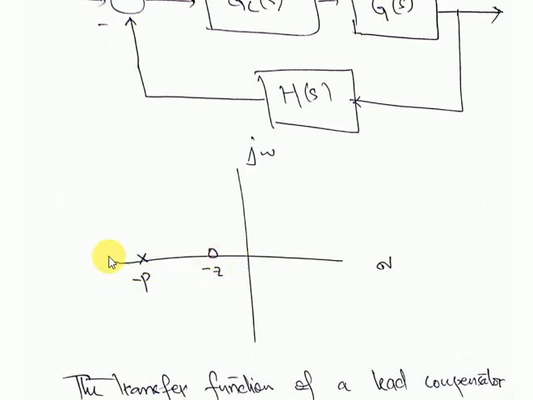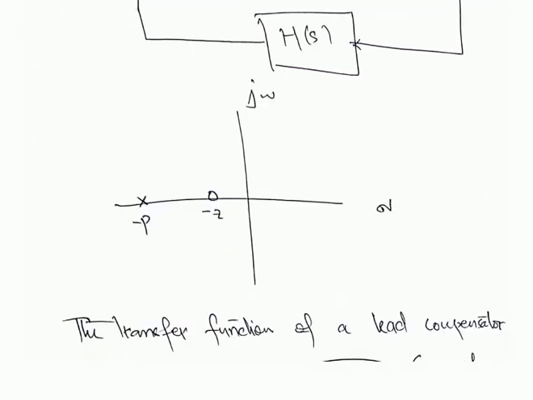This is the pole-zero map of the lead compensator, and this is the condition of a lead compensator: z less than p, or p greater than z. And if we are asked for the lag compensator, we will have z at more distance than p, so the condition will be z greater than p, but here p is greater than z.